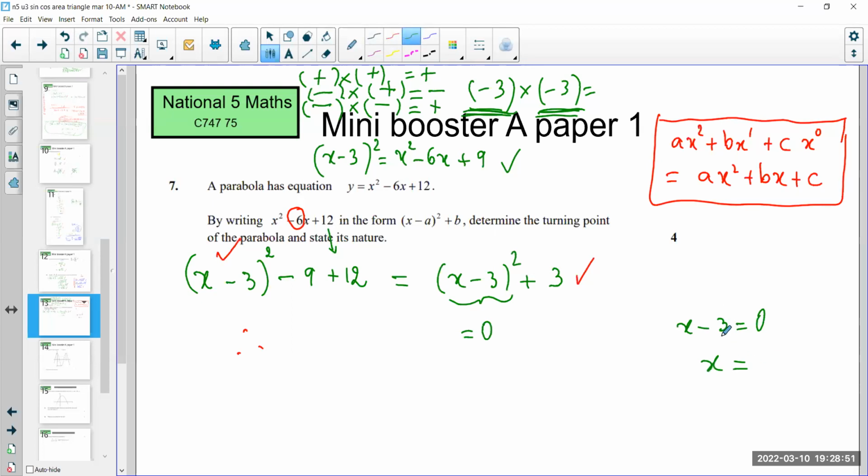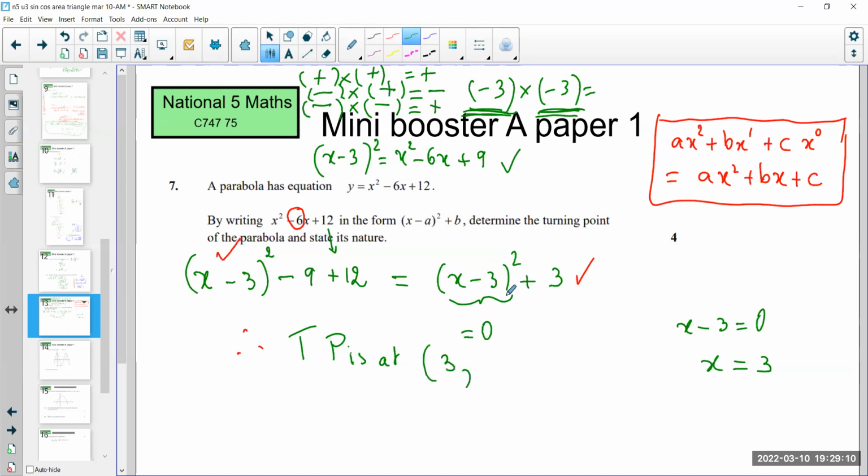What is the opposite of taking away 3? Positive 3. So that means x equals 3. Turning point is at x equals 3.